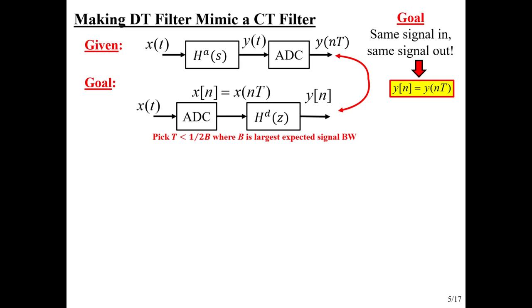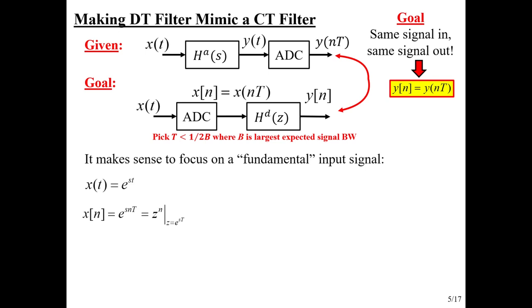Laplace actually tells us that every signal can be built from some linear combination of more general sinusoids. So let's look at this fundamental input signal, e to the st, because that's the thing that Laplace tells us, if I can figure out how that goes through these two filters, then that will enlighten me to how anything goes through these two filters.